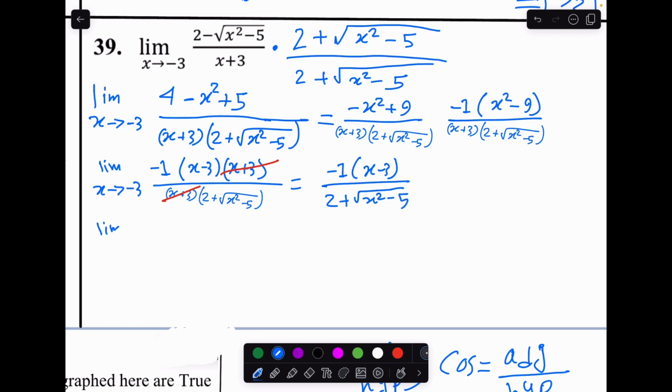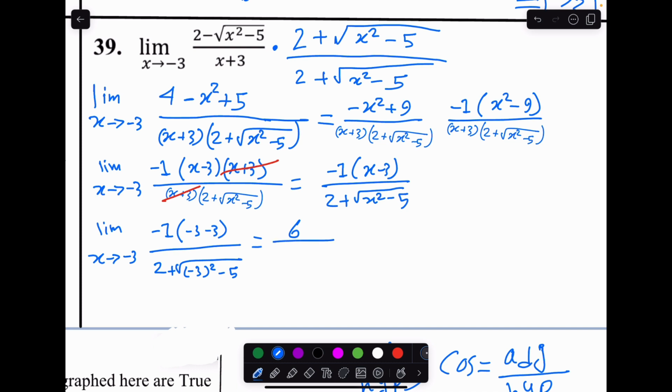Now limit when x is approaching negative 3, negative 1, we will install the limit. So negative 3 minus 3 over 2 plus square root of negative 3 squared minus 5. So negative 1 multiply negative 6 is positive 6 over 2 plus square root of: negative 3 squared is 9, 9 minus 5 is 4.